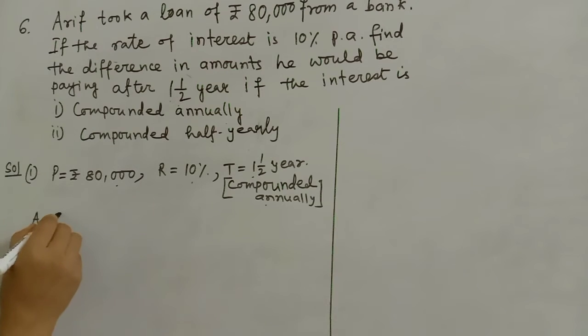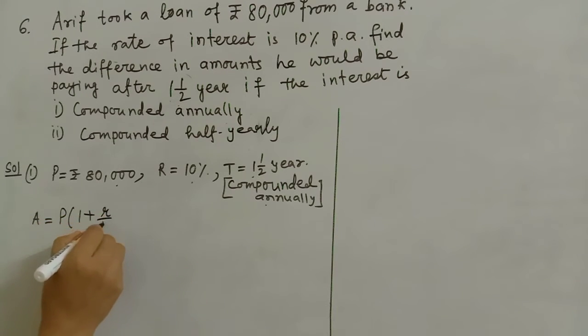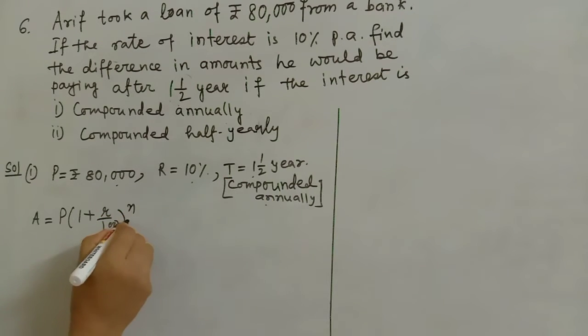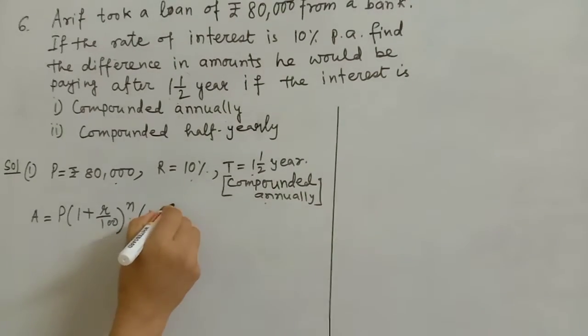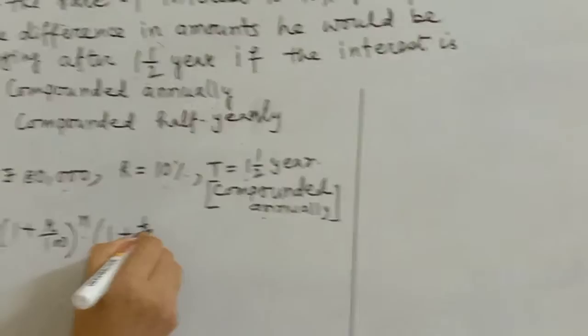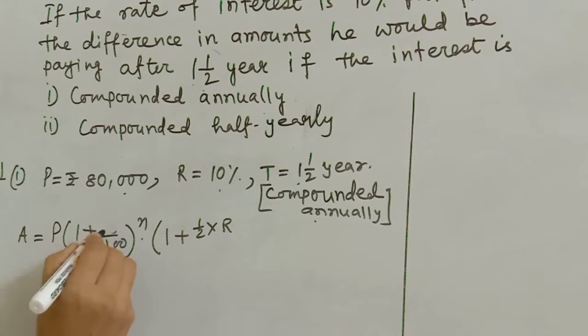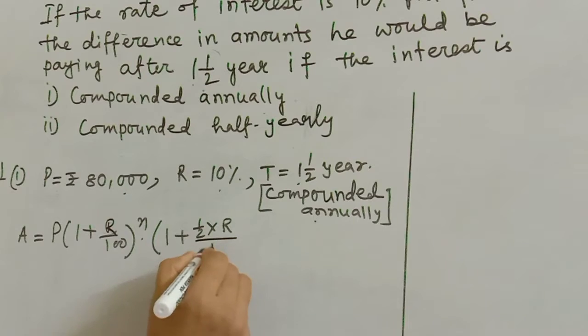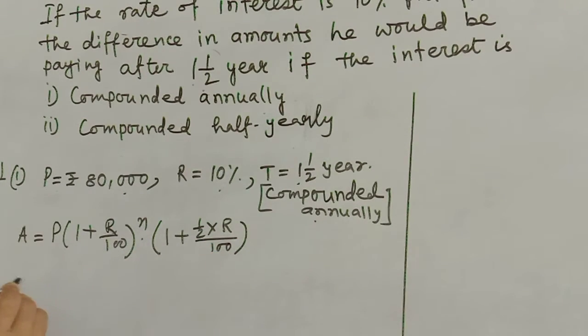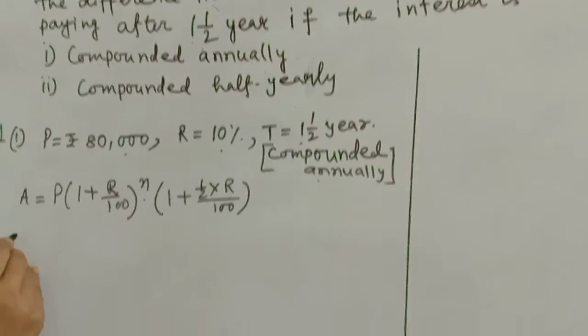Fractional year amount is equal to principal into 1 plus r by 100 whole to the power n, and because of that fractional part use this 1 plus fraction, here it is half, so half into rate by 100. Now put the value for principal and rate.